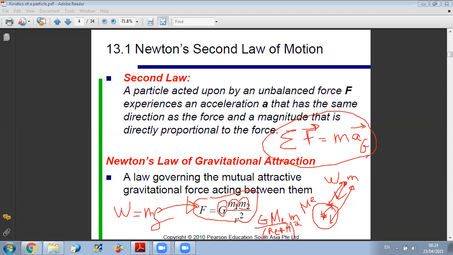Therefore, we cannot neglect the effect of h in this formula. However, when we are close to the surface of the Earth, and for small elevations of the order of several meters, h is negligible compared to the radius of the Earth, so I can set it equal to 0.